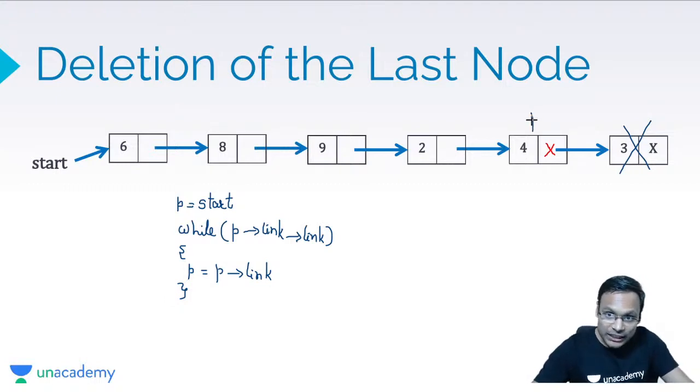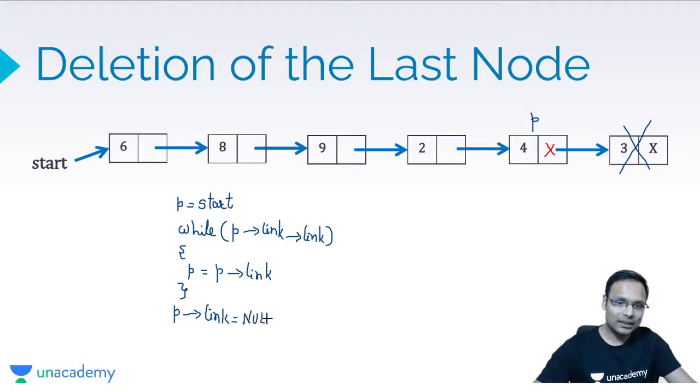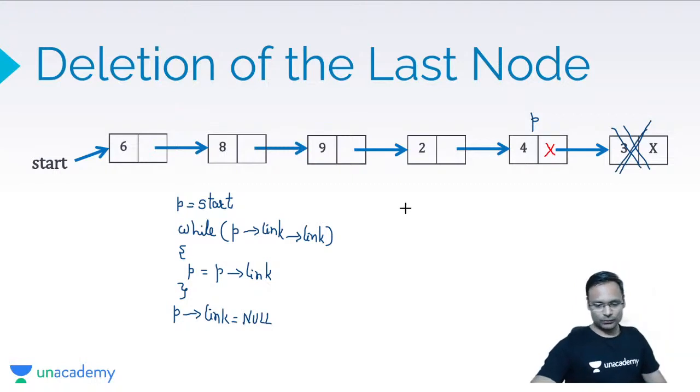When P reaches here, the second last node, after that I'll have to do what? P का link I'll have to update by null, so that I can delete this particular node.